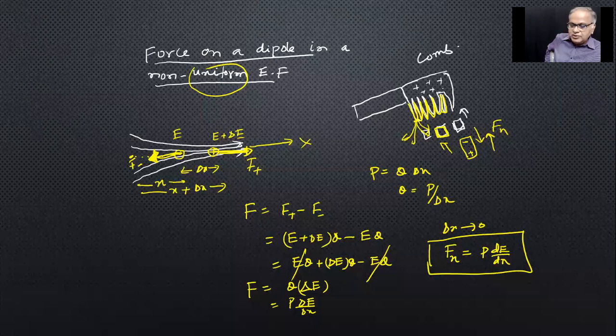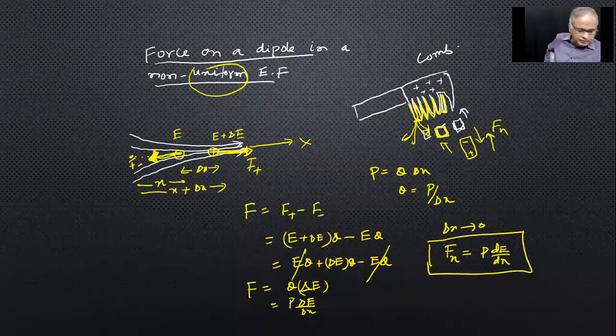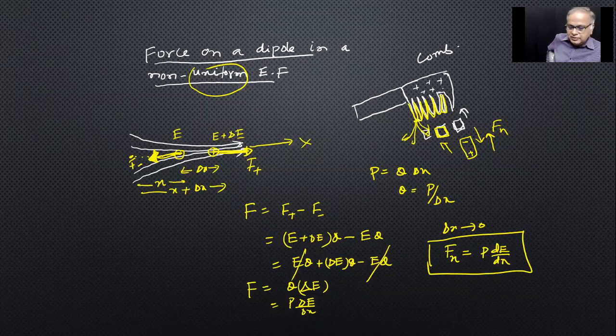The paper pieces even turn. We'll see what happens with the uniform field also, but we require some more information. What happens in a dipole, we have to see.